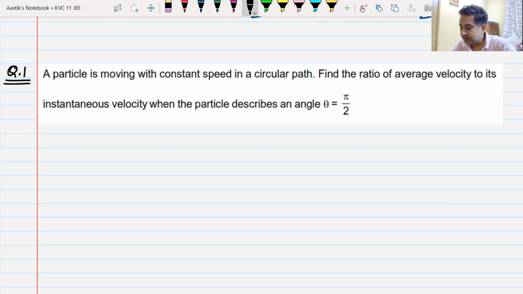We will do it afterwards. This is average velocity, not average angular velocity. We'll do that one after some time when I tell you something more about it. Okay, we'll do this one.